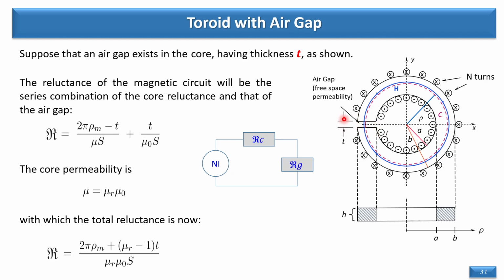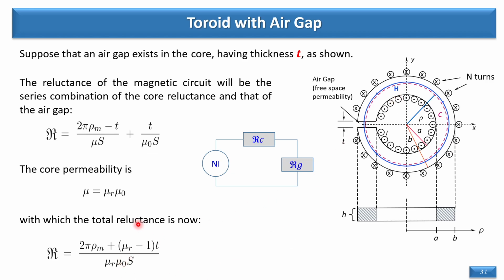From this assumption, T is small enough so that the flux that goes out of this part and goes into this part doesn't change its shape, so the cross section of the flux in air is the same as the cross section of the flux in the core.